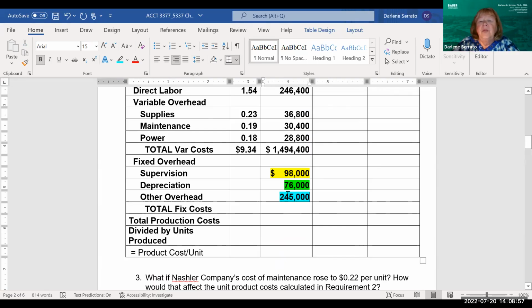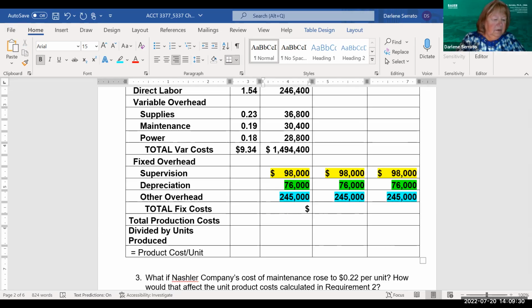Okay, so these costs are not going to change. They're going to be the same for all three levels of activity because they are fixed cost. That gives us total fixed cost of 419,000.